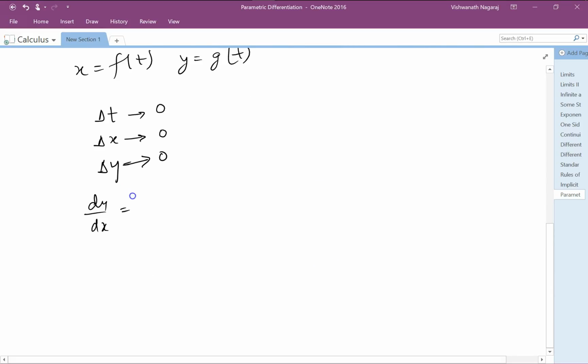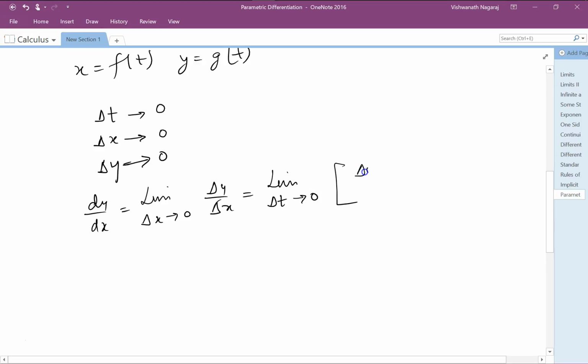Let's find the derivative. So dy by dx is equal to the limit as delta x approaches 0 of delta y by delta x. Now remember, delta x approaching 0 is possible only if delta t approaches 0.